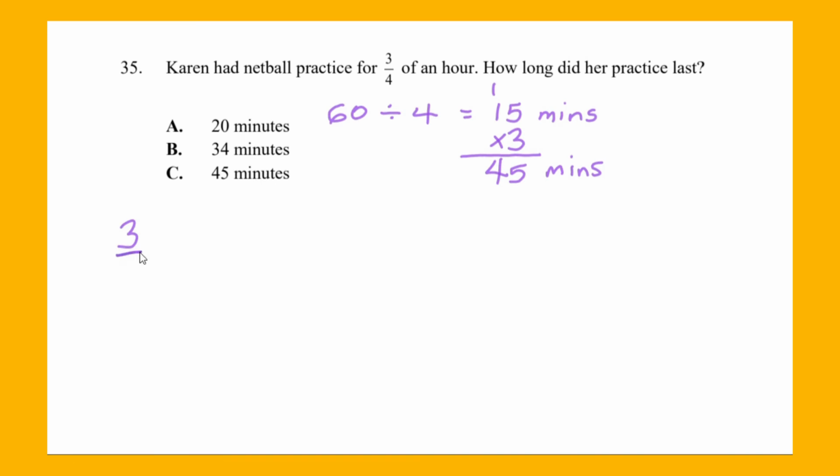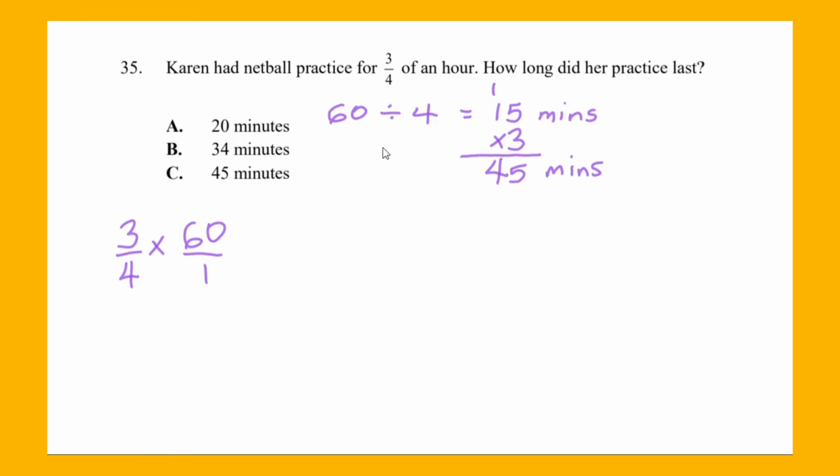So we write 3/4 of 60 minutes. Now when we're multiplying fractions, we first look for numbers that can be made smaller. So we reduce the fractions. Can 4 go into 60?